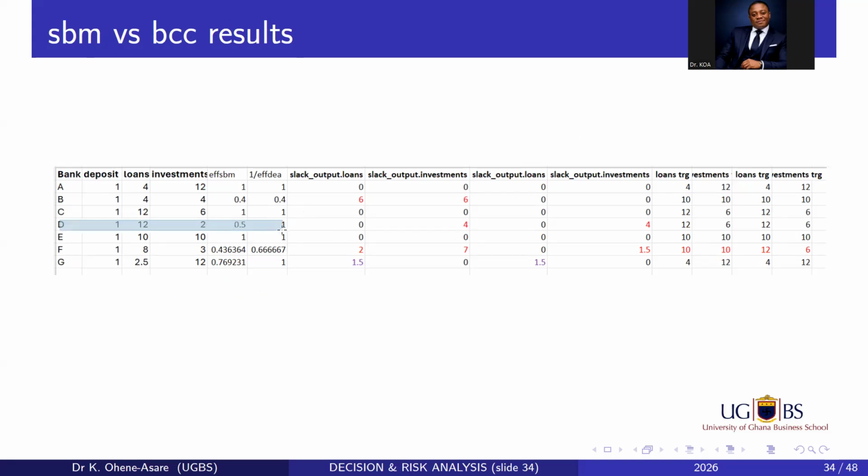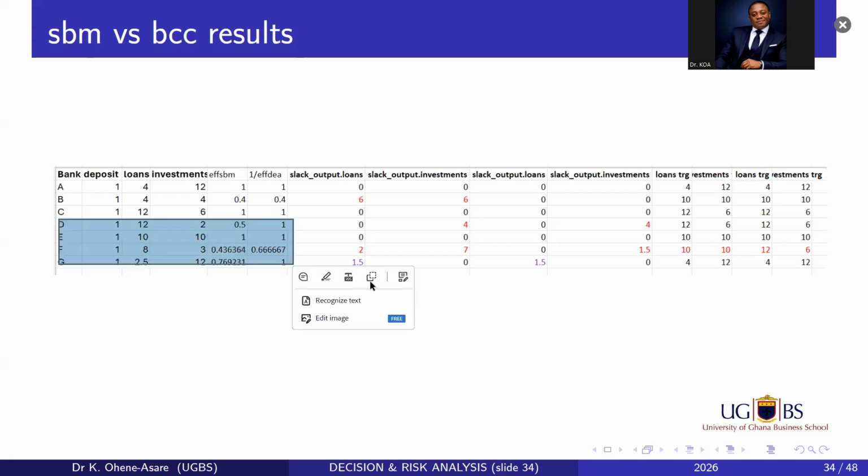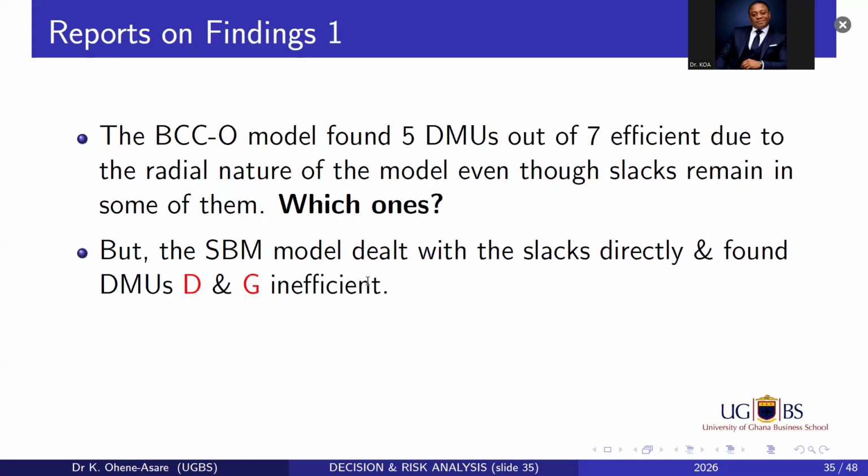That's why it was given a value of 1. But then the SBM says that's a lie. It's rather half. G was given a value of 1 here, but then SBM says it's a lie. It's supposed to be 77%. So clearly, SBM is more discriminatory in this context.